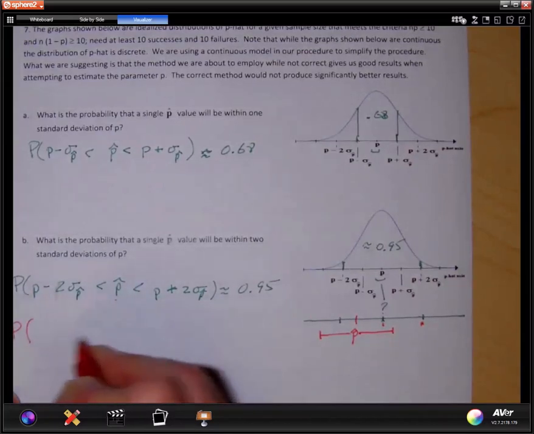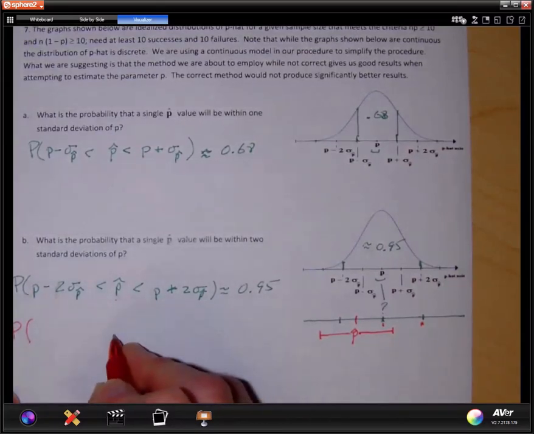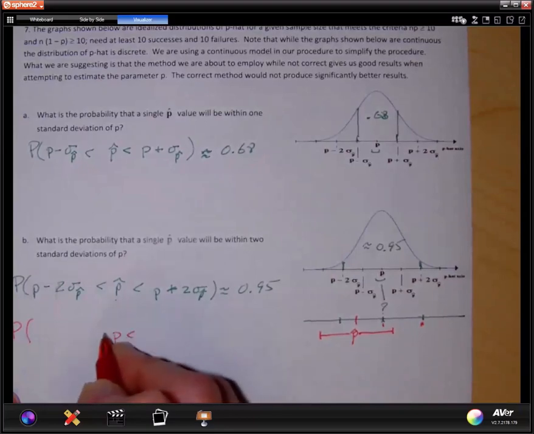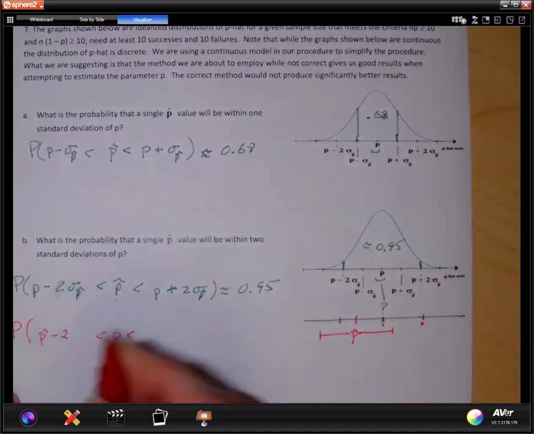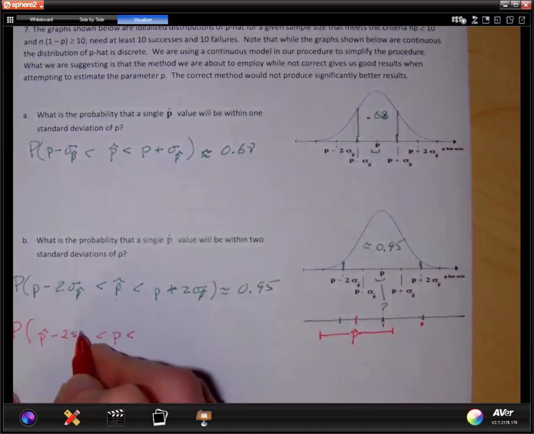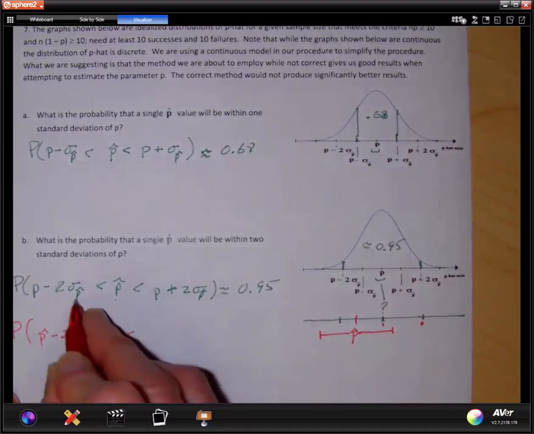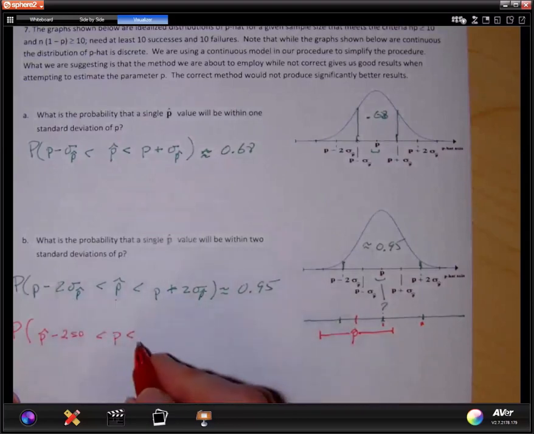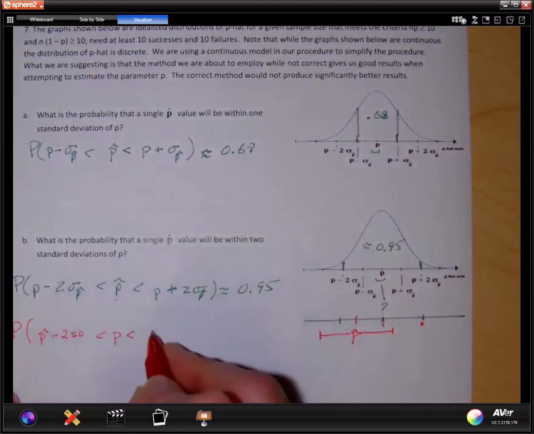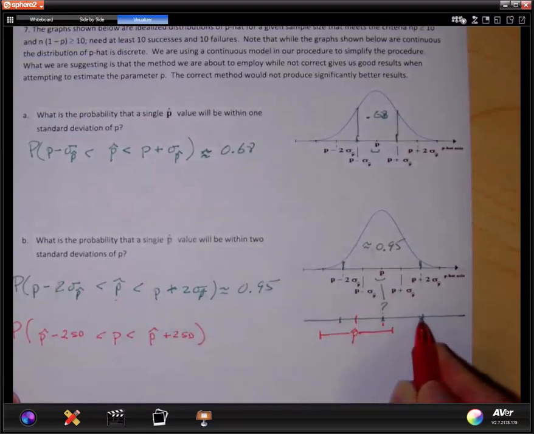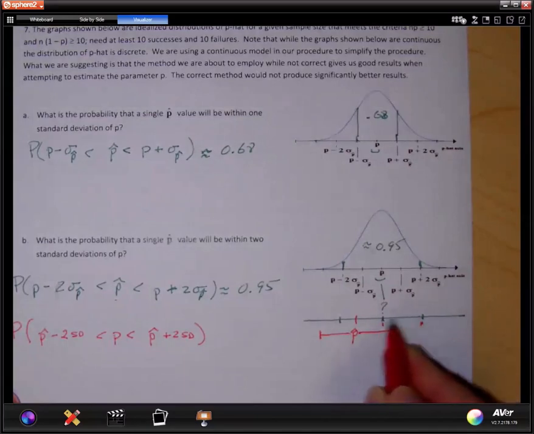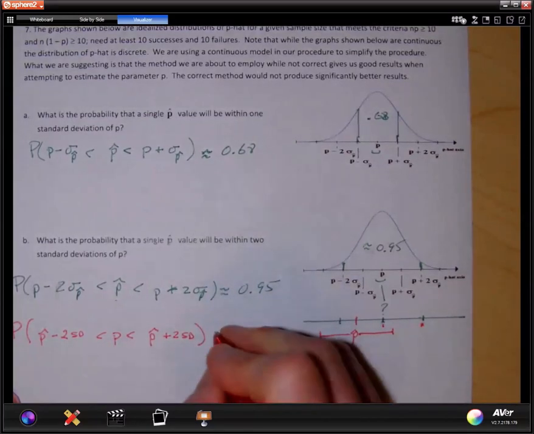But then I'm going to turn this around. What's the chance that I will capture my true proportion? In other words, what's the chance that now p is in the center and now p-hat? And I'm going to use a standard deviation, but it's not going to be that one, as we'll explain. And I did mention that this one is just about the same length as that, so not exact.